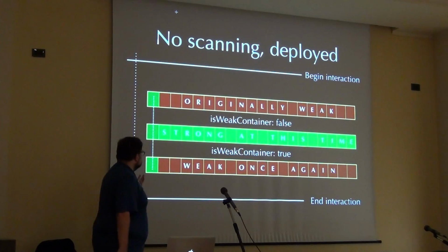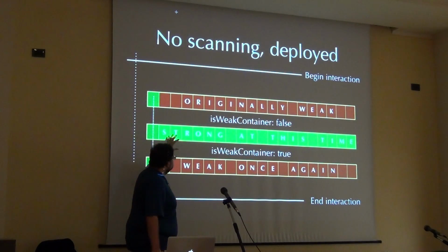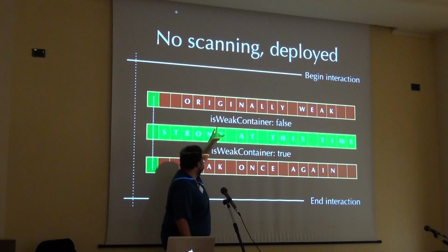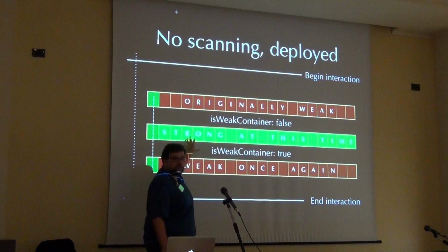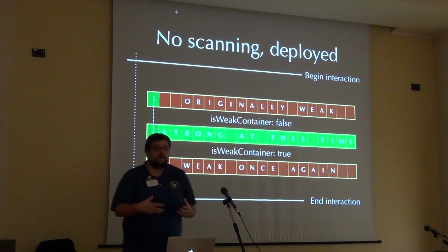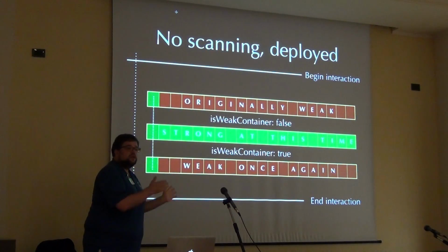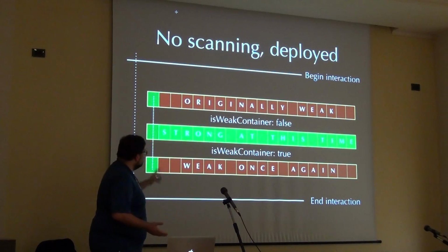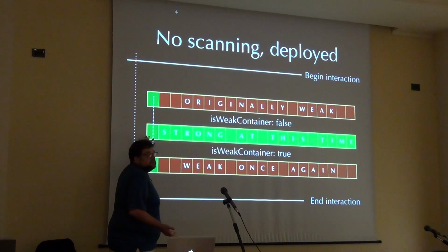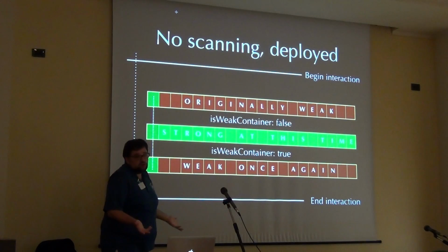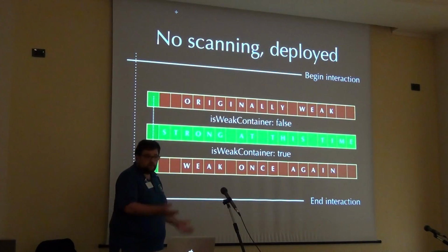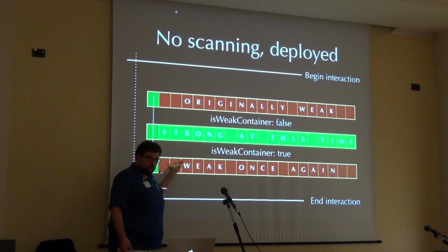So this solution, which got deployed, required changes to the memory manager to deal with these strength changes. Most of the changes that were necessary were in the incremental garbage collector. Because in any stop-the-world collector, by the time the collector looks at this, it's either strong or weak, so it would not care about these changes.